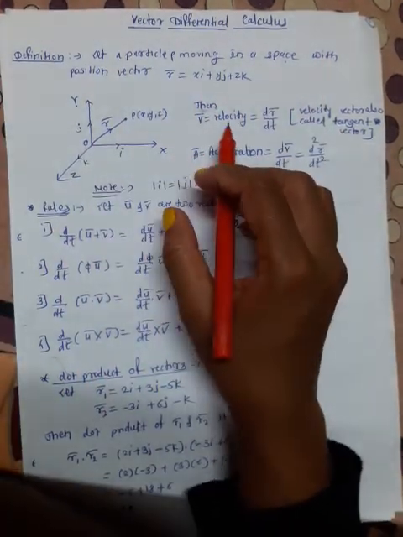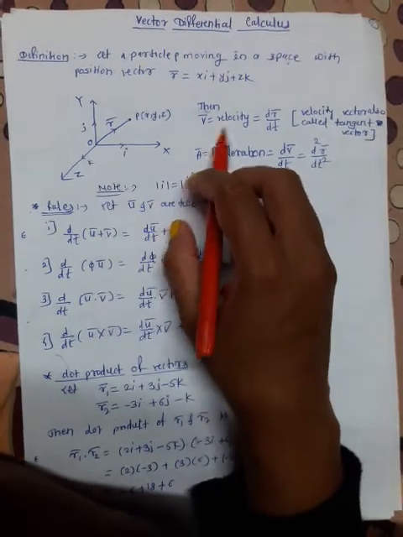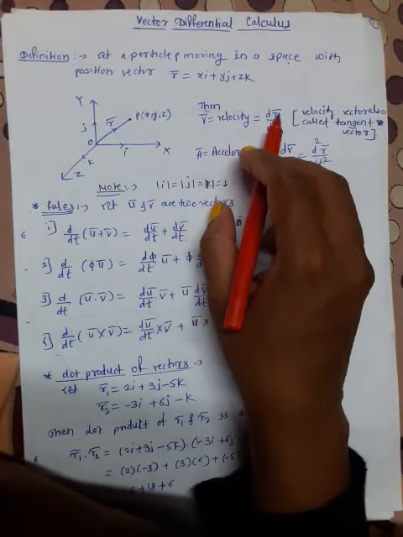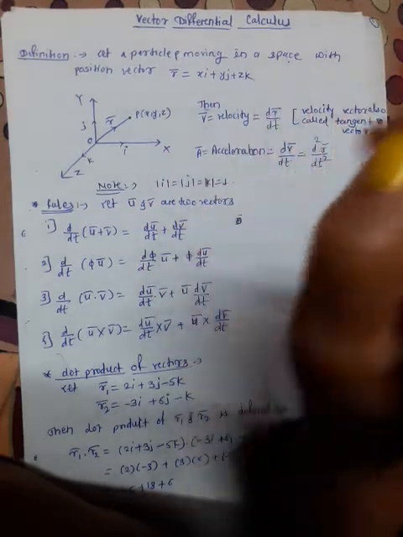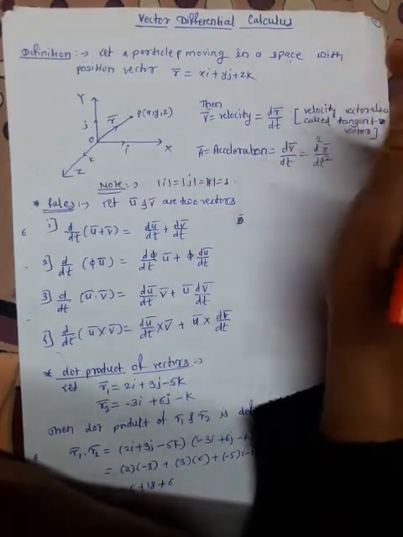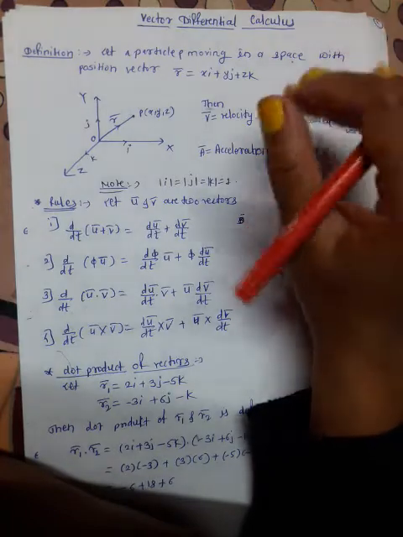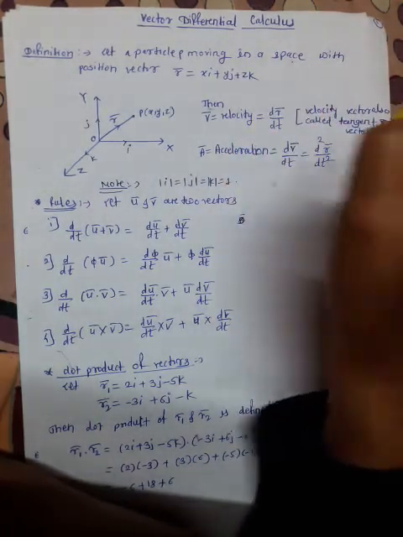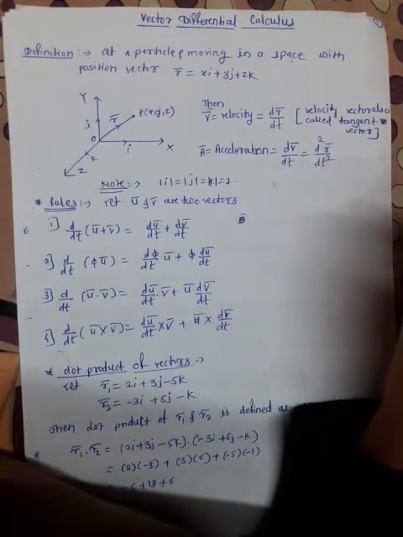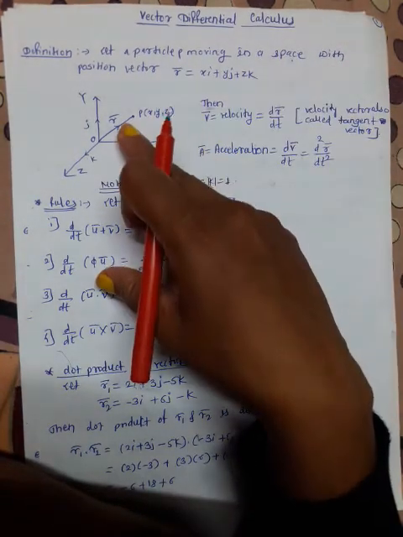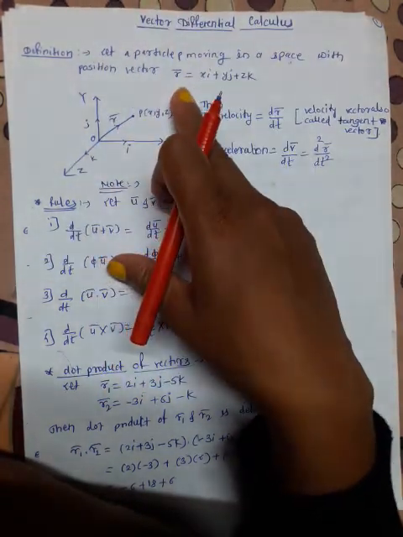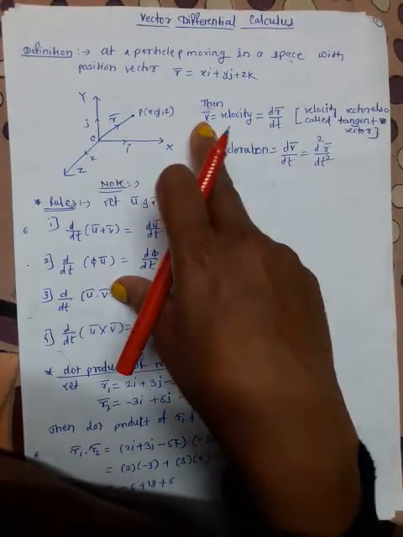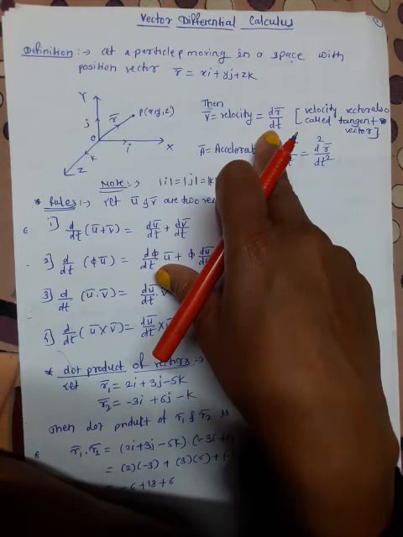Then the velocity of this point is denoted by v bar, and it is defined as the rate of change of displacement with respect to time. Displacement means the position of that point in a space, that means the position vector. That's why the derivative of this position vector with respect to time is nothing but velocity.